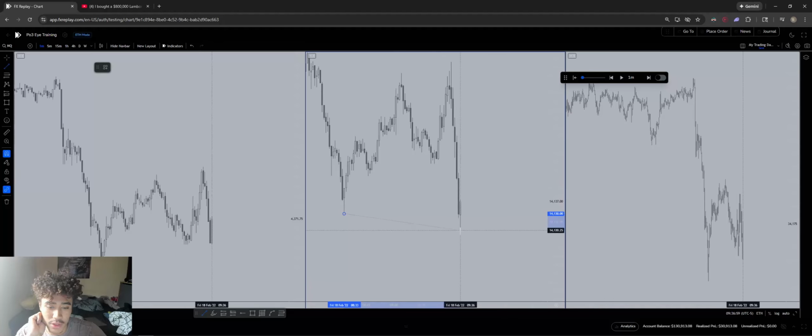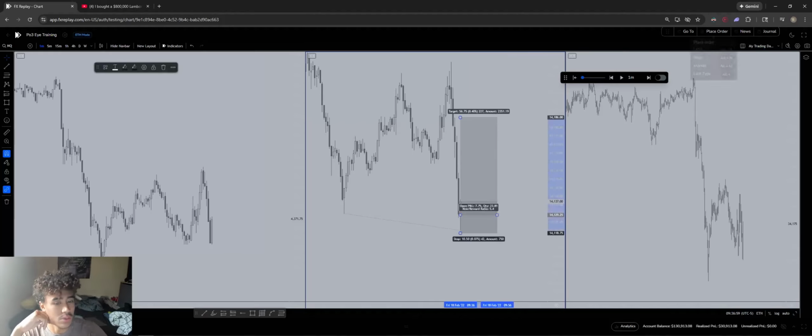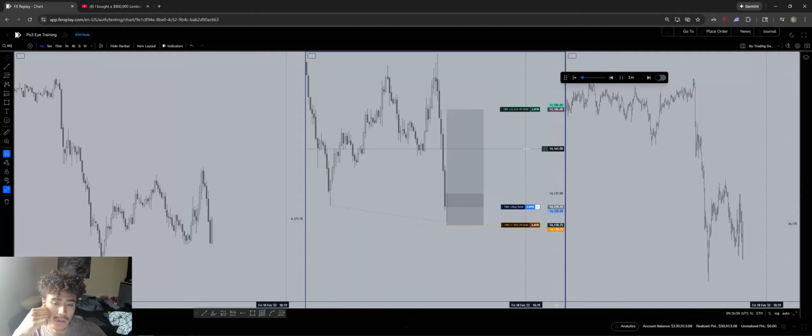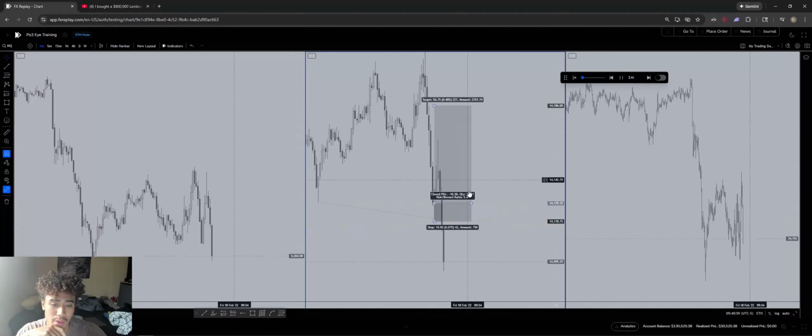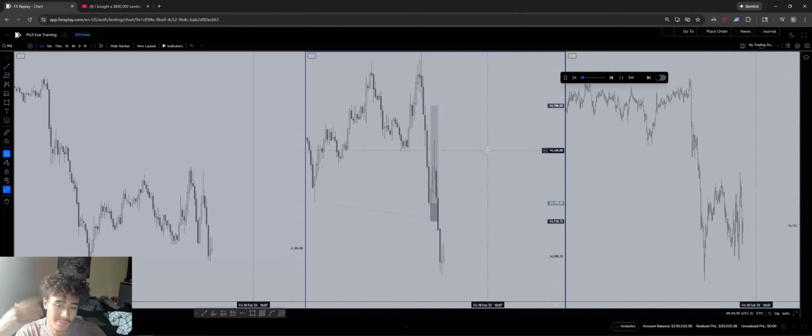But thick and juicy rejection blocks. 10-point rejection blocks aren't really my style. Usually when the rejection blocks are around 15 points, it's solid. But like I said, it also depends on market conditions. Stuff like that, you know.